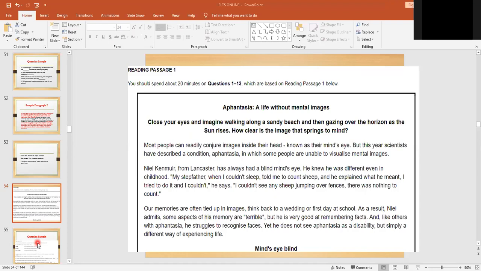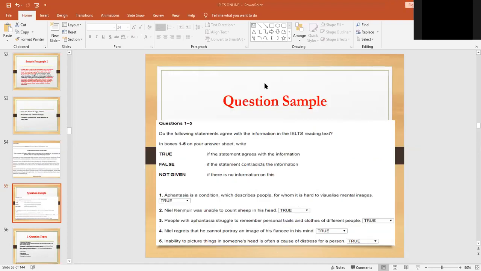So now I want to go to the question that follows. It is a true, false, not given question. I will not be treating true, false this evening, but what I would like to do this evening is that, can you locate where the question is in the passage?